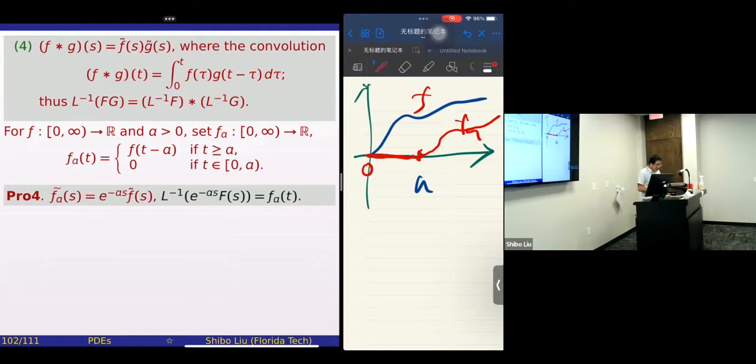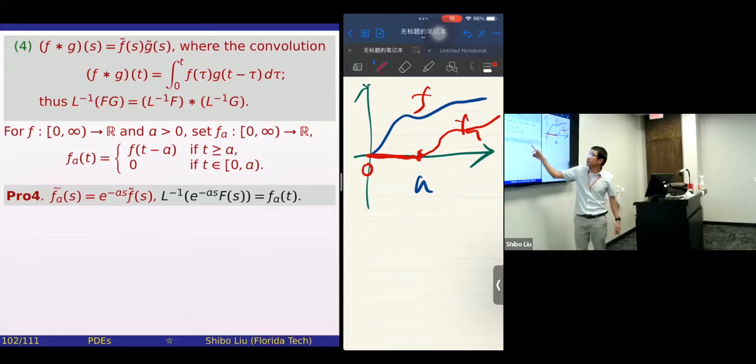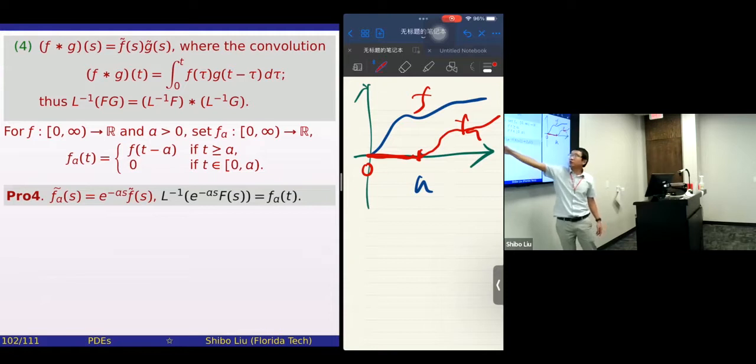From this property, applying the inverse Laplace transform to both sides of this equality, the left-hand side, being the Laplace transform of f_a, becomes f_a. So we have this equality. These two are equivalent in some sense, so we only need to prove the first one.